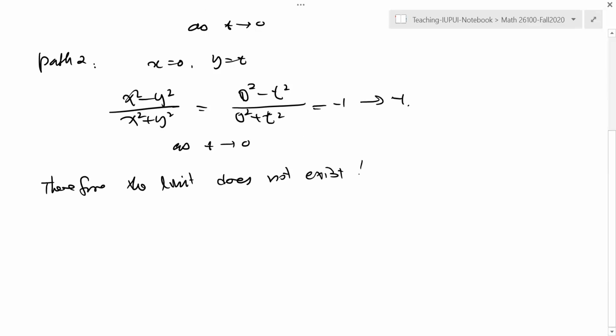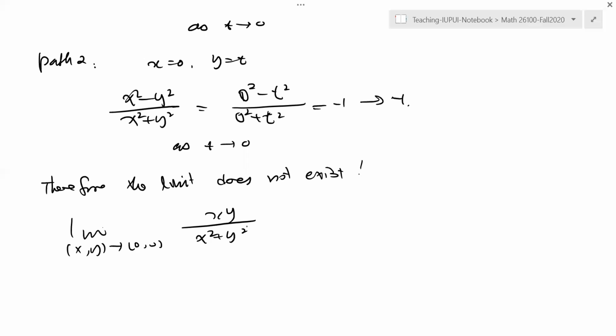For some other problems, think about this one. Here you cannot use the x-axis and y-axis. If you use the x-axis and y-axis for the two paths, the limit is always 0, so you cannot conclude that the limit exists.